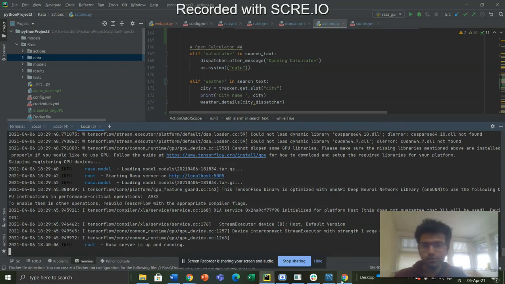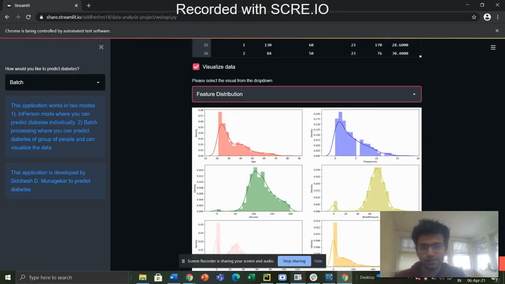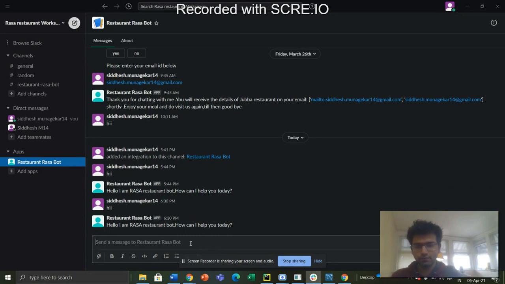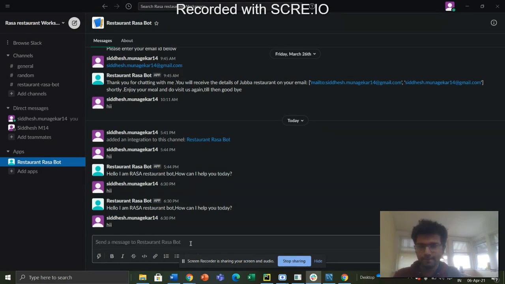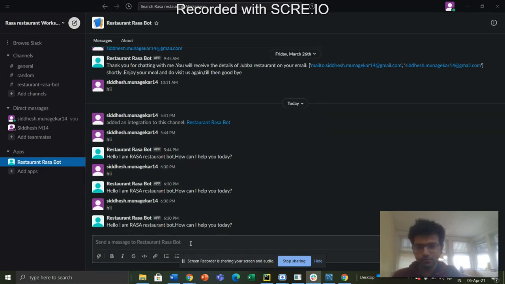Now I'm going to show you the Slack integration with the RASA chatbot. The same chat can be transferred to the Slack user interface. If you say hi, hello, I'm looking for a restaurant.